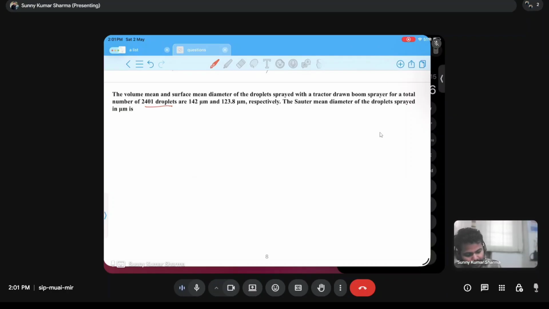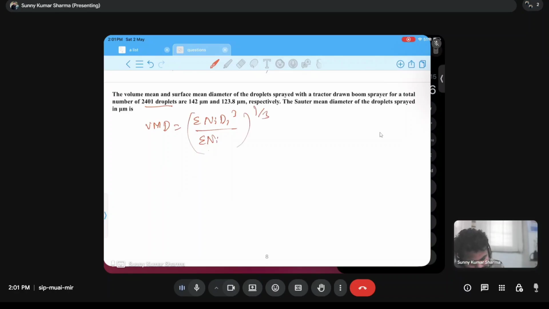So if you remember the formula for volume mean diameter, we have just studied this formula. VMD is given as sigma ni di cube by sigma ni, to the power 1 by 3.